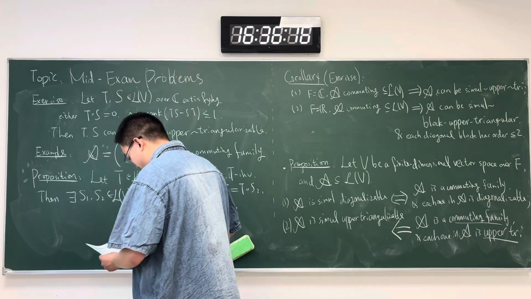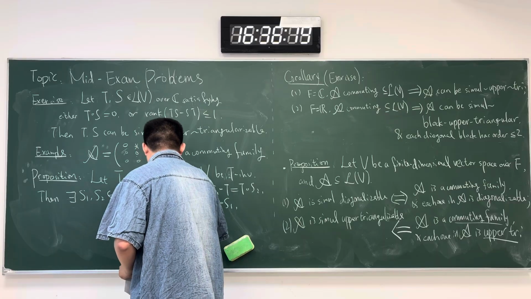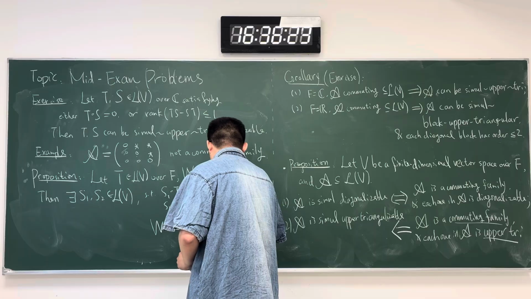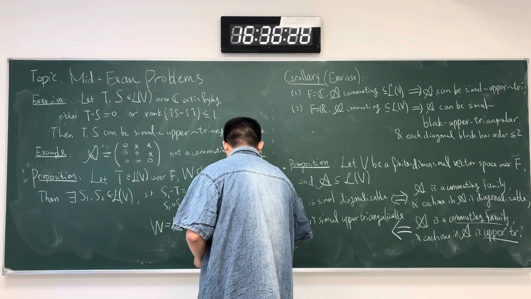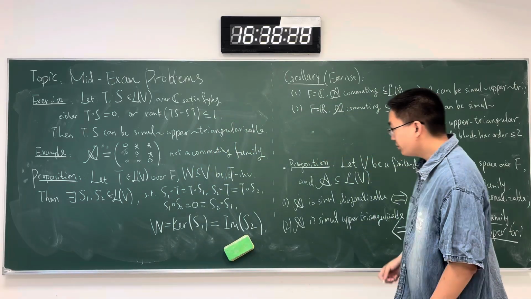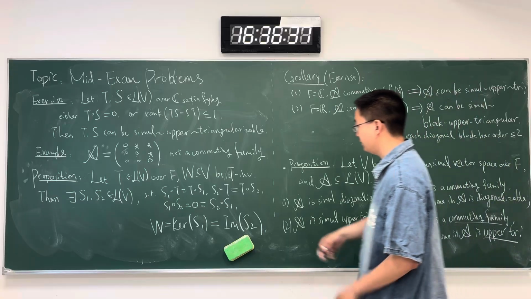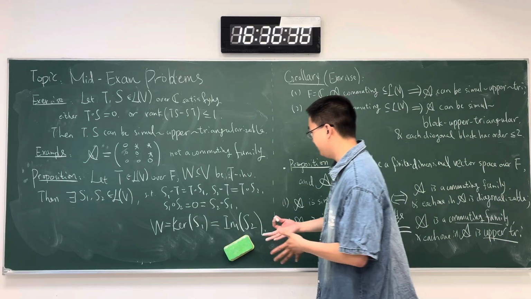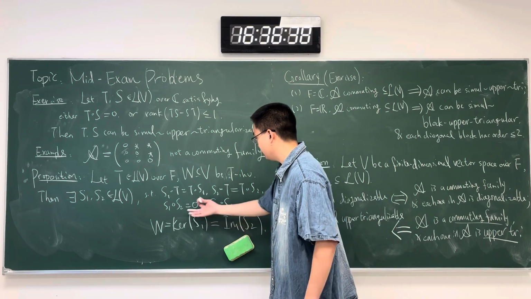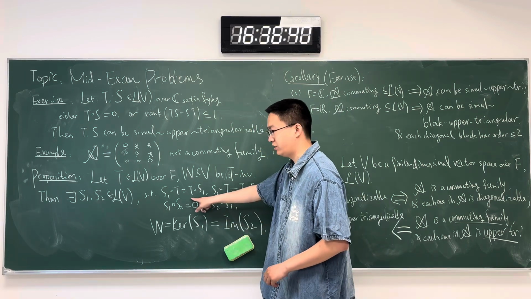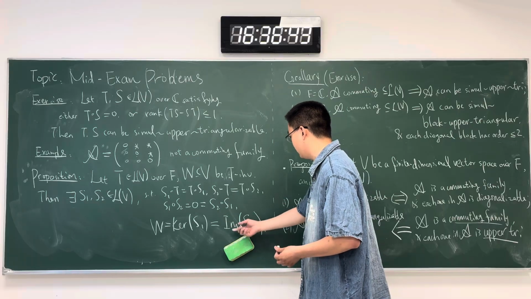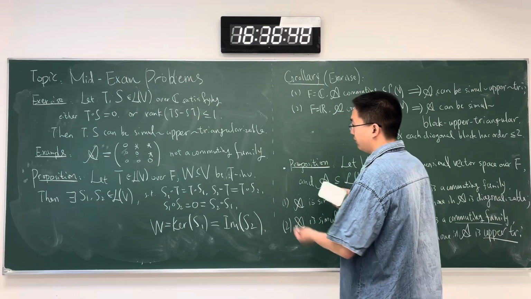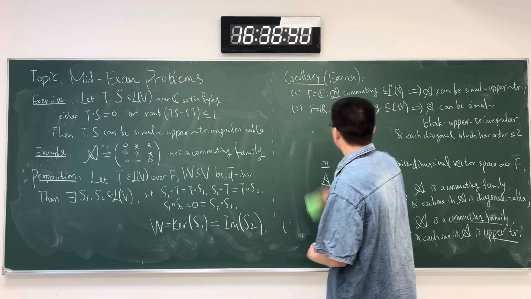And the most important one is that W equals the kernel of S1, and also equals the image of S2. So this proposition simply means that if you consider a T-invariant subspace, it can always be written as the kernel of another linear transformation which commutes with T, and also it can be written as the image of another transformation which commutes with T. You see, this proposition is very strong.